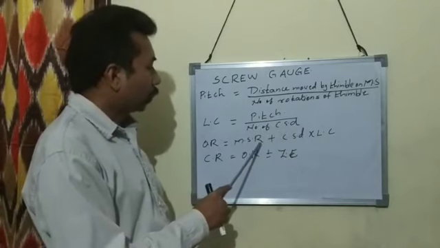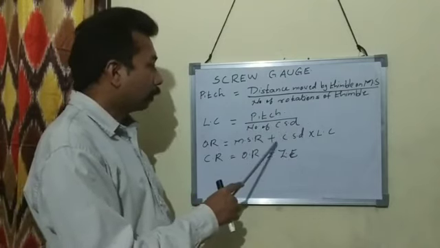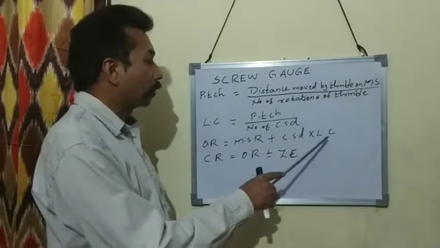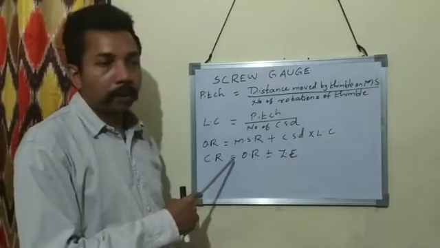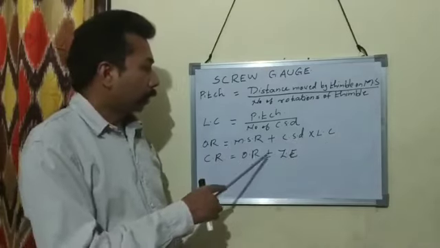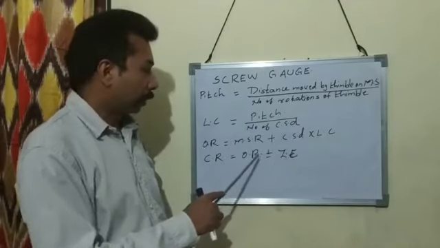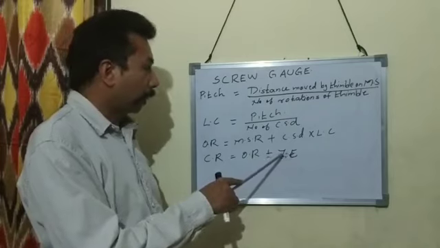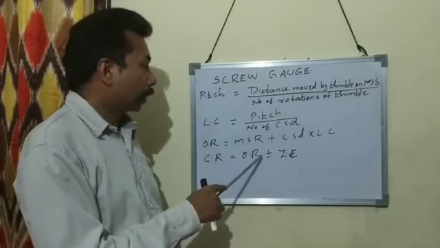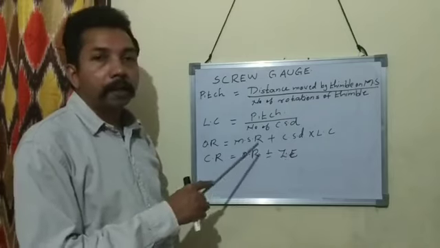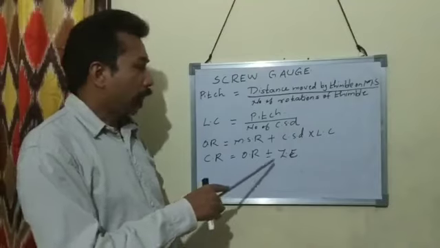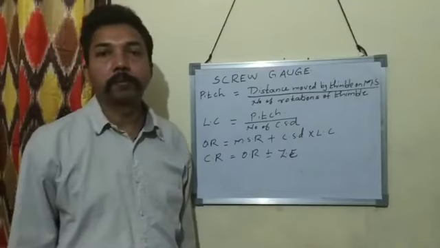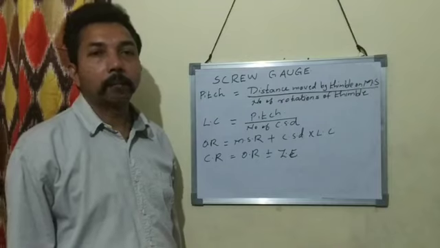Observed reading is equal to main scale reading plus circular scale division coinciding into least count. And correct reading is observed reading plus or minus zero error. In the case of positive zero error, we subtract zero error from the observed reading, and in the case of negative error, we add zero error to the observed reading. So these are the formulas which are used.